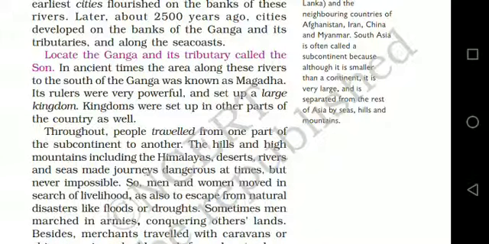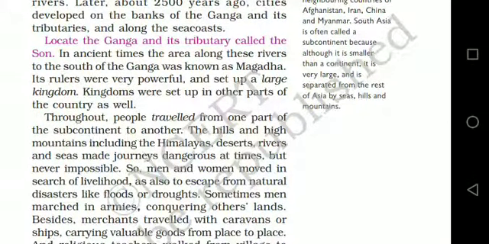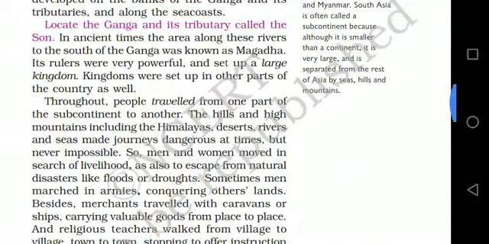Its rulers were very powerful and set up a large kingdom. Kingdoms were set up in other parts of the country as well. So at that time rulers were very powerful, and they set up large kingdoms in other parts of the country as well.